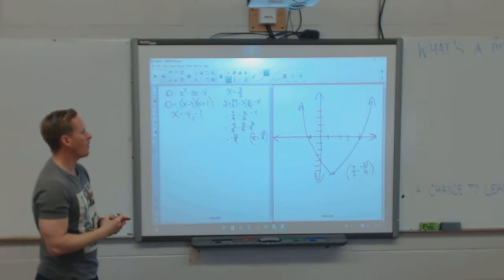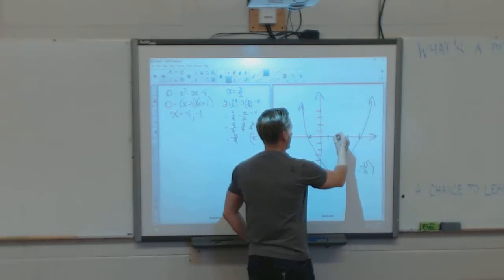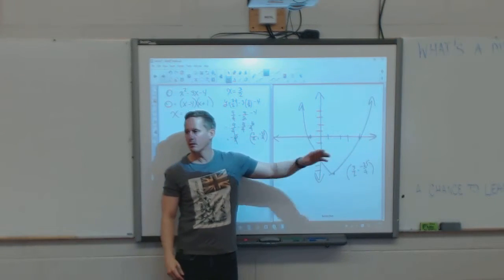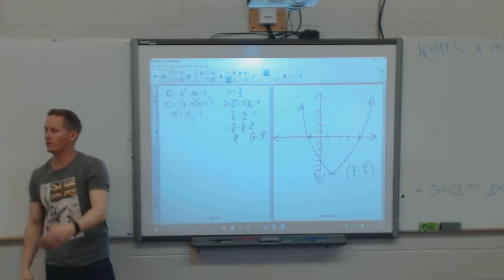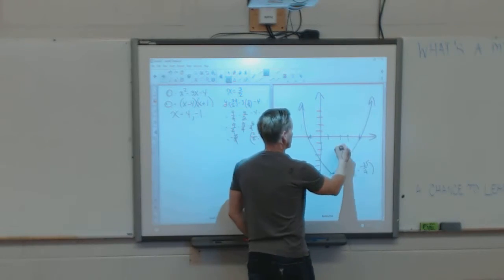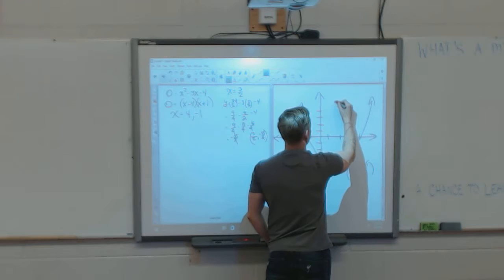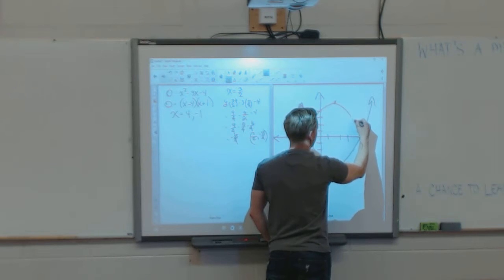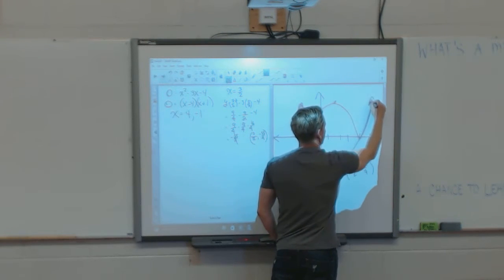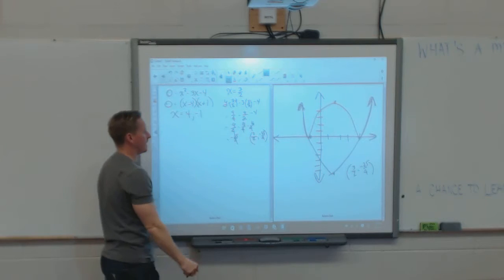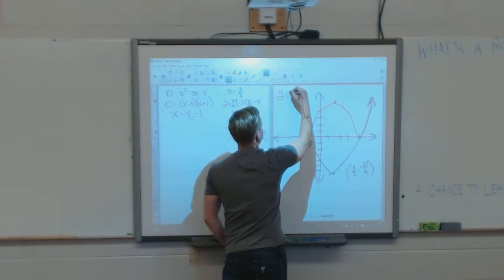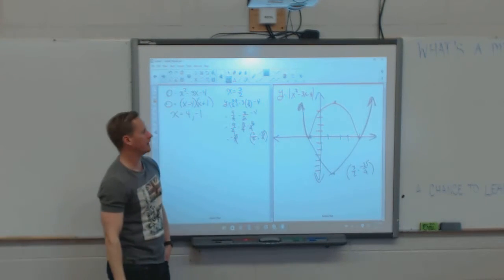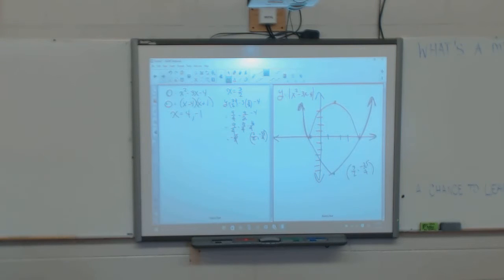What is it? 4. So now I'm going to graph this part right here, this negative part, the bottom part. I need to reflect it into the positive now. Okay? So I'm going to take this up to right here. And there is the graph of the absolute value of x squared minus 3x minus 4. Okay?